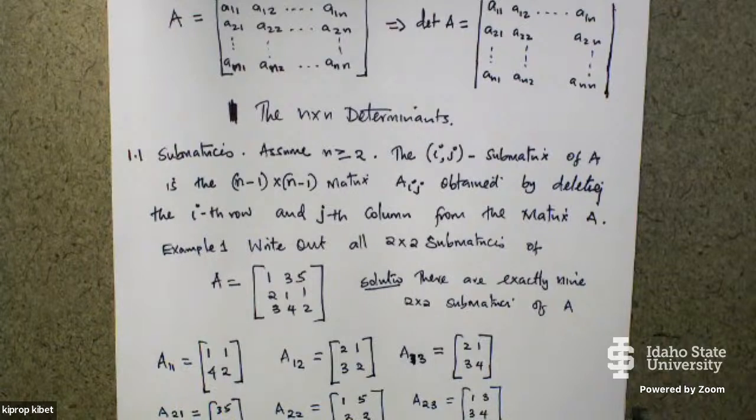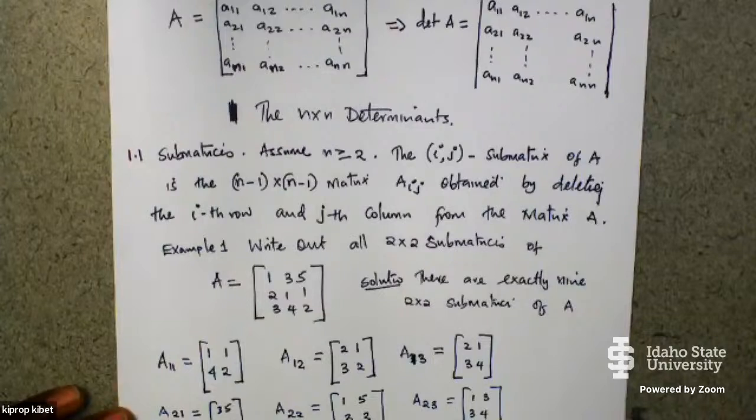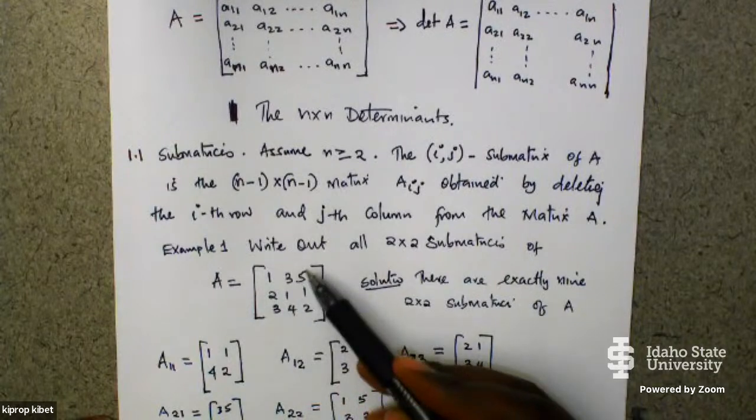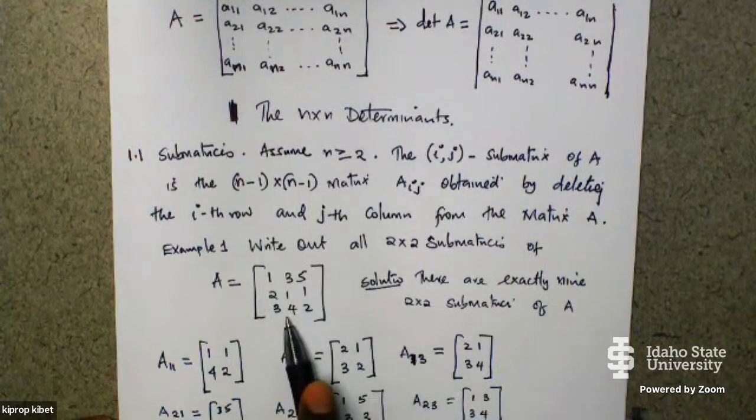A31, delete the third row and the first column. What remains is 3, 5, and 1, 1. A32, delete the third row and the second column.